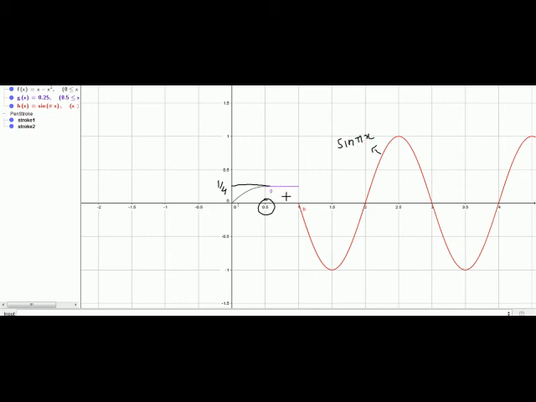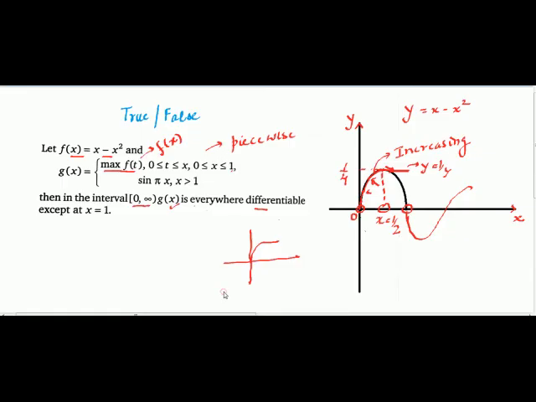As you can clearly see, the function shows discontinuity at this junction. There is a jump discontinuity at this junction, and hence the function will not be differentiable at x equal to 1.